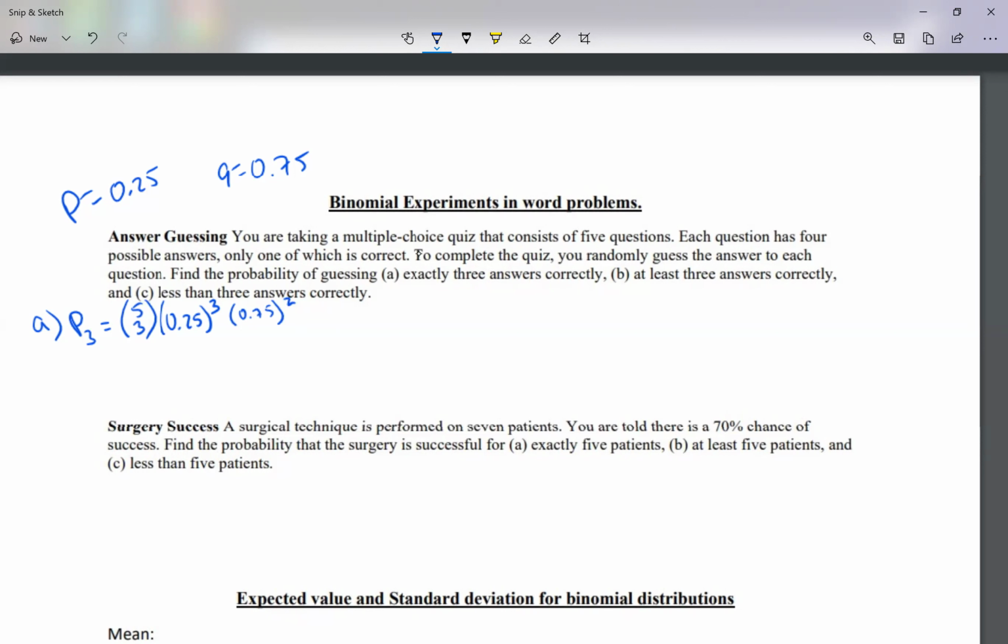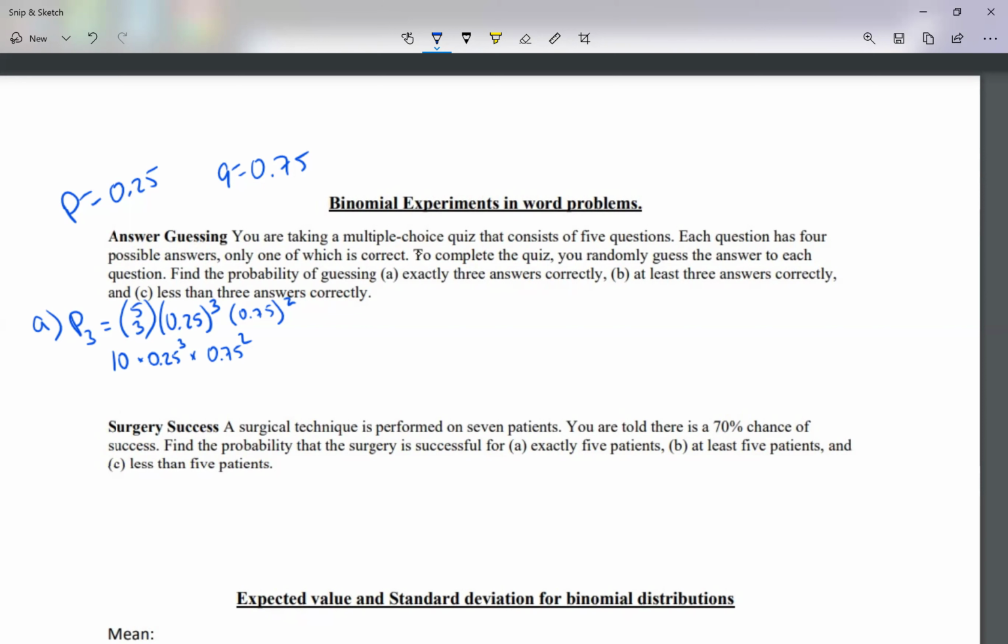I'm going to type this on my calculator, but let's remember 5 choose 3. I'm just going to call that 10. So I'm looking at this as 10 times 0.25 to the third times 0.75 to the second.